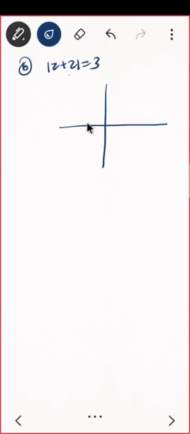So -2 will be somewhere here, and radius is 3. So it will go from here, something like this. Okay.